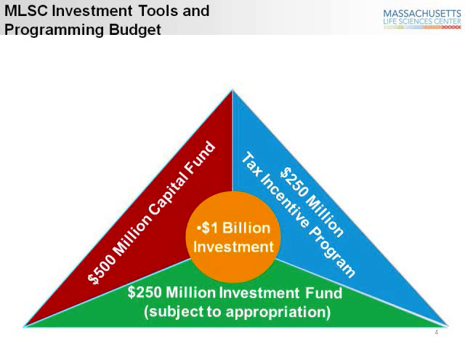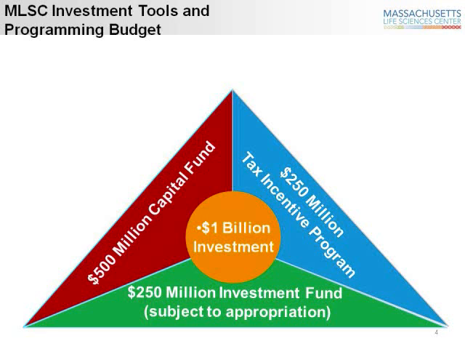The monies that we've used over our history, a $1 billion investment over 10 years, are divided into 3 pools. There's a $250 million pool dedicated to tax incentives. There is a $500 million pool from our capital fund, which provides nonprofits with funding for infrastructure projects.